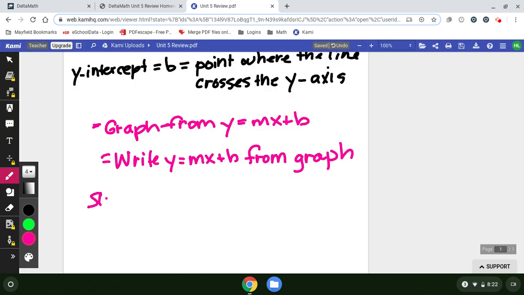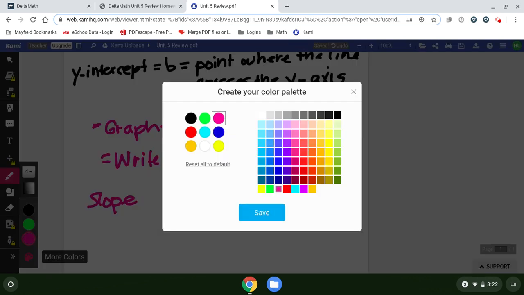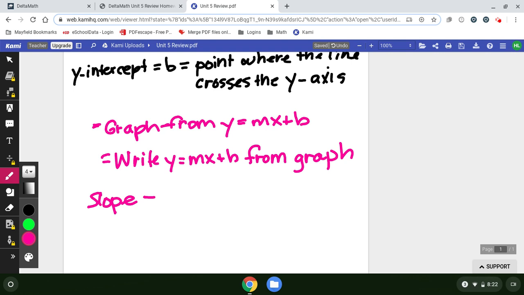If I have slope, and I am writing it from either a graph or the equation y2 minus y1 over x2 minus x1, no matter what, when I write my slope, it has to be written or be able to be written as a fraction, and it also has to be simplified.